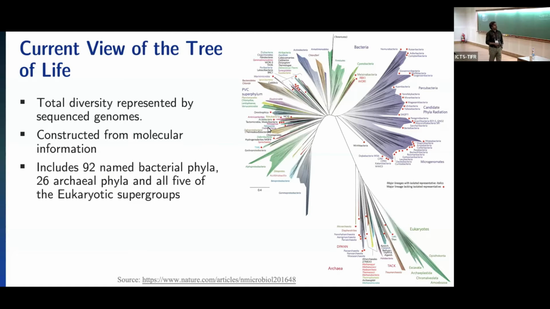So for example, eukaryotes are over here, and then you have a lot of different bacteria, archaea, and all these organisms. These are all bacterial species, and there are archaeal species over here, and so on. And this is representative of the tree of life for a large number of species.